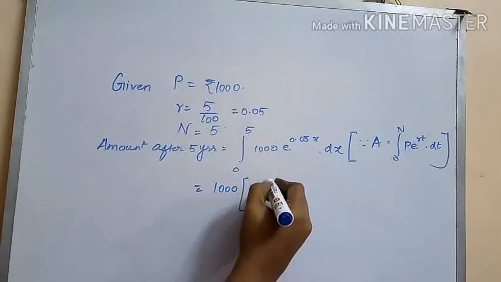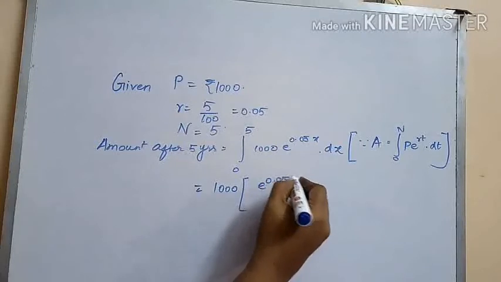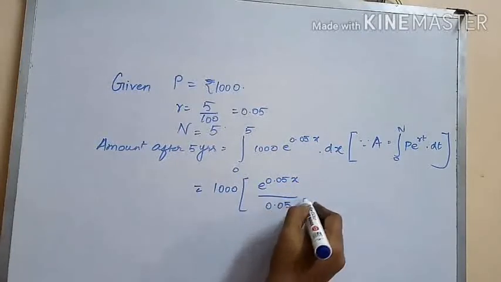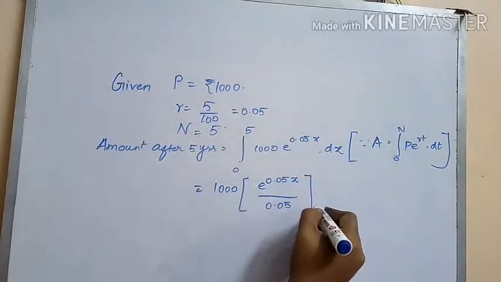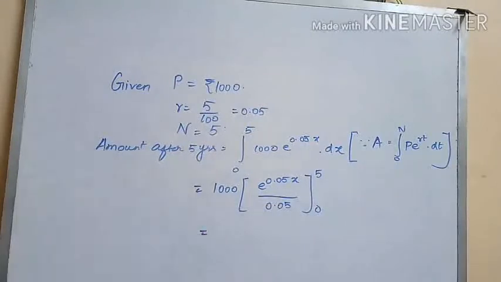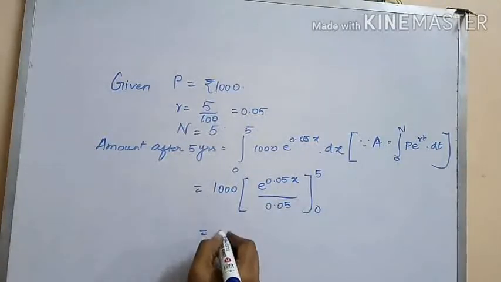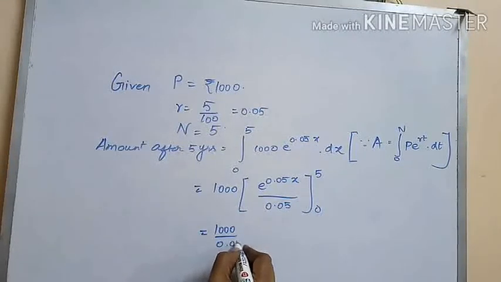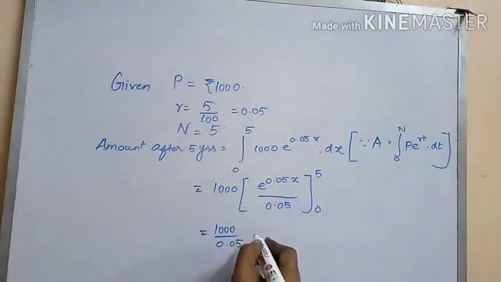So now let us integrate. We get 1000 into e to the power of 0.05x by 0.05 within the limit 0 to 5. So we have 1000 by 0.05 into.